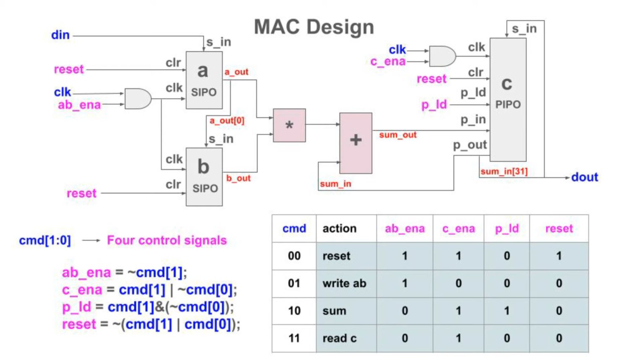It also has to instantiate the shift registers A, B, and C. It has to implement the combinational formulas that form the needed control signals, and it has to gate the clocks to the shift registers so that the E and A signals work, so those AND gates. And it has to implement the math operations as shown here. And finally, it just has to, in general, wire the components together. So those are the things to look for in the Verilog.